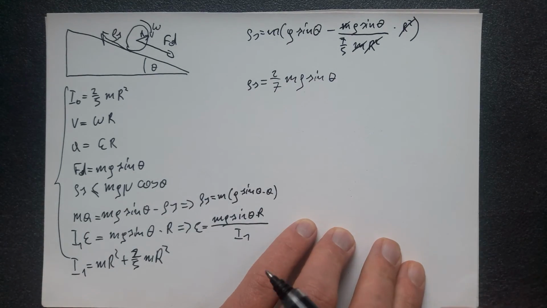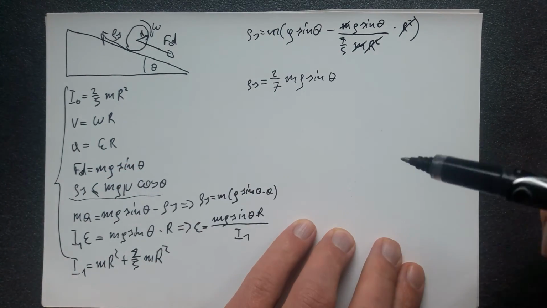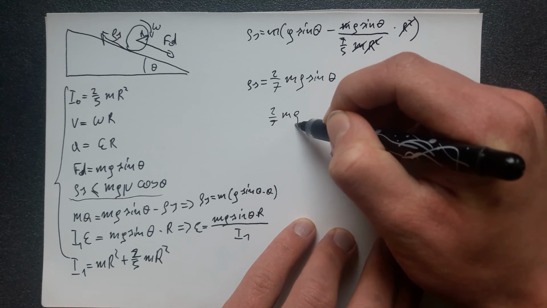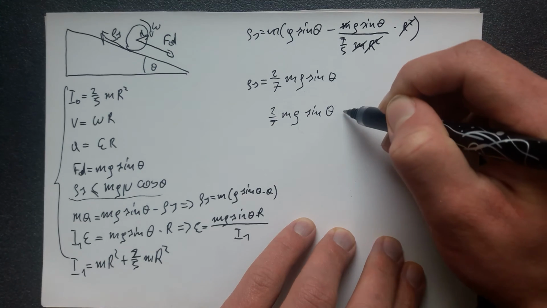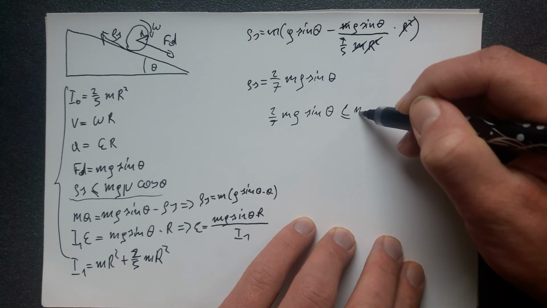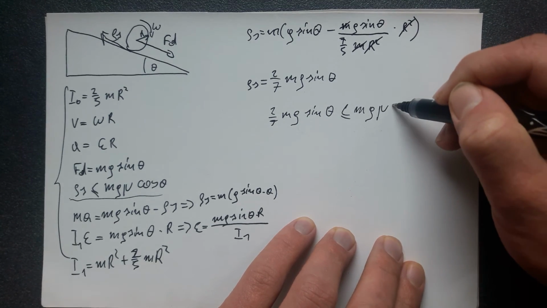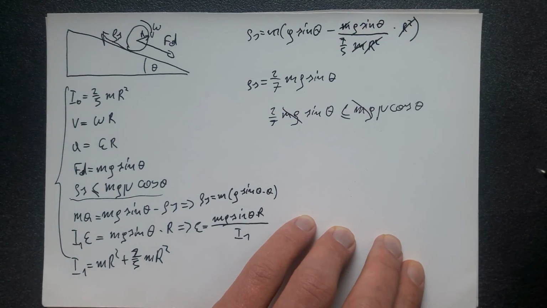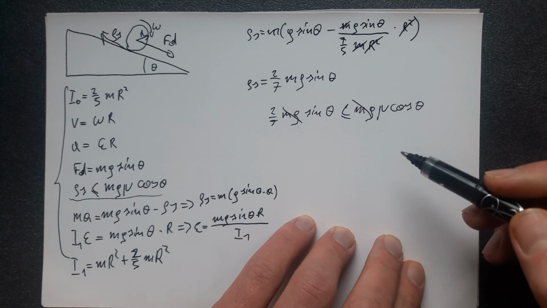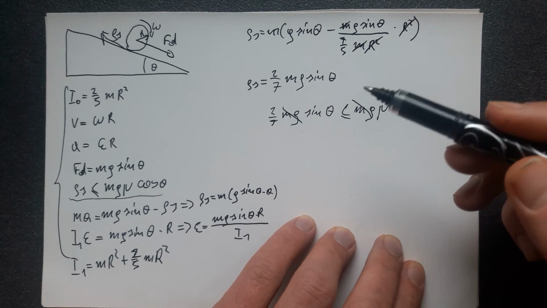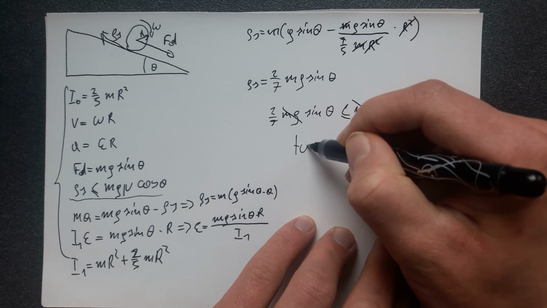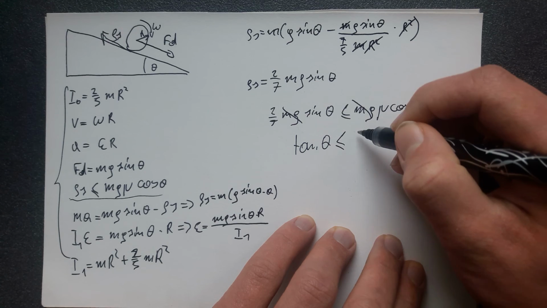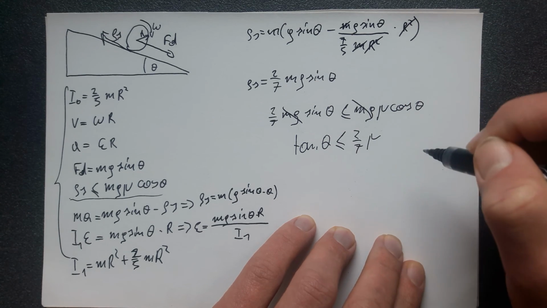And now we can substitute to this inequality. So we get that 2/7 mg sine theta is smaller or equal to mg mu cosine theta. Mg will cancel, and I will divide by the cosine of theta and multiply by 7/2, and I will get that tangent theta is smaller or equal to 2/7 mu.